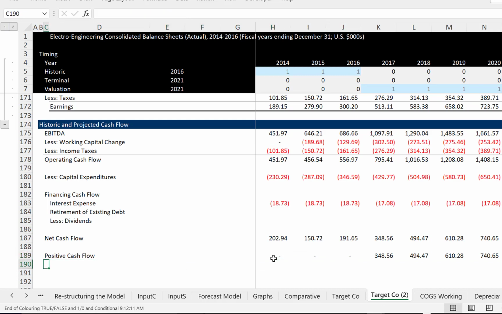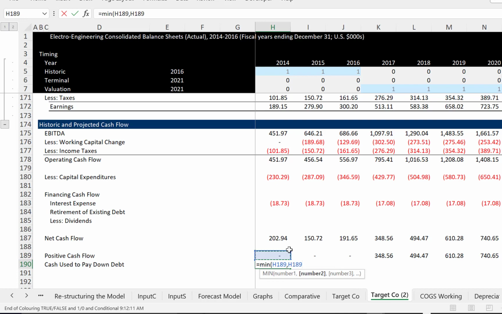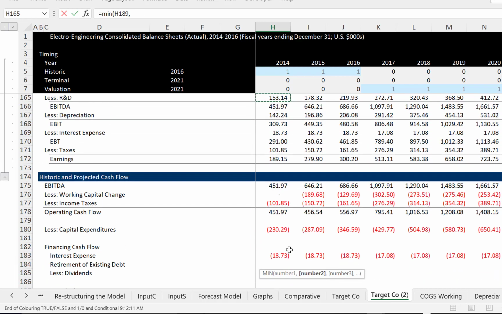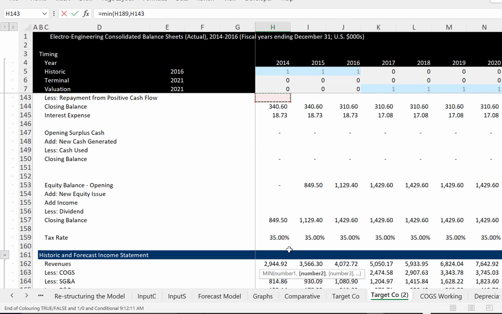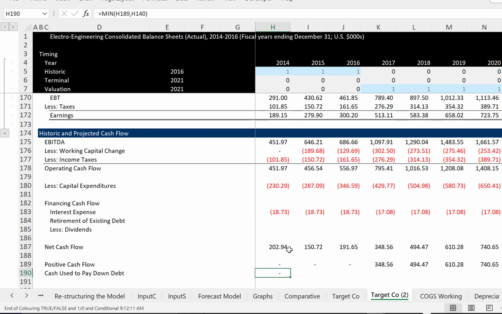Now, if there's positive cash flow, the first thing we're going to do is cash used to pay down debt. Now, you could do all sorts of things, but this is the basic number one starting point. And we're going to take the minimum of this cash flow, or the opening balance of that debt we had up here. So the first thing we're going to do is pay off the debt.